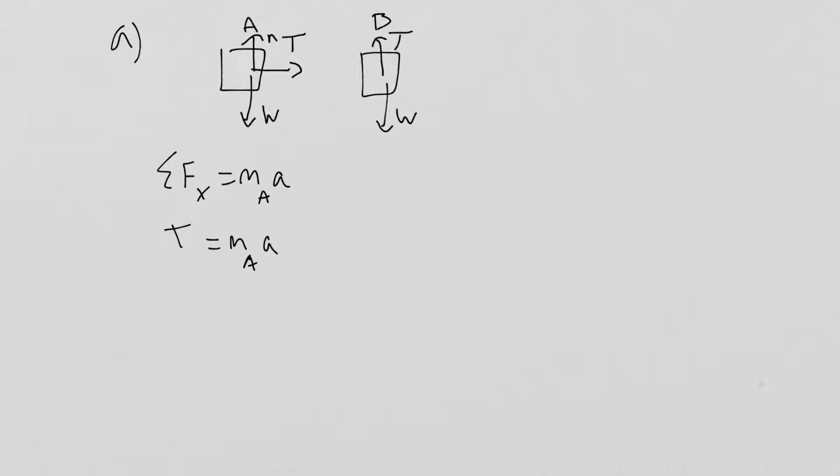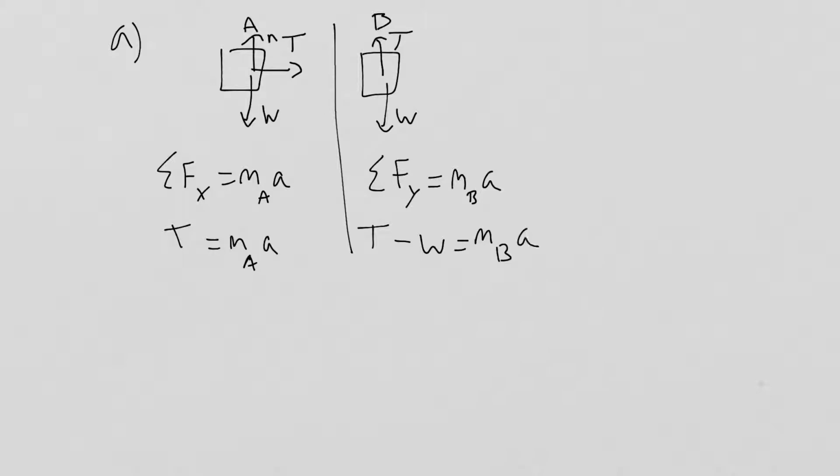Block B is a little bit trickier, it's accelerating downward, so I have to talk about the vertical forces, not the horizontal. These are completely separate for right now. Up we have tension, down we have the weight.